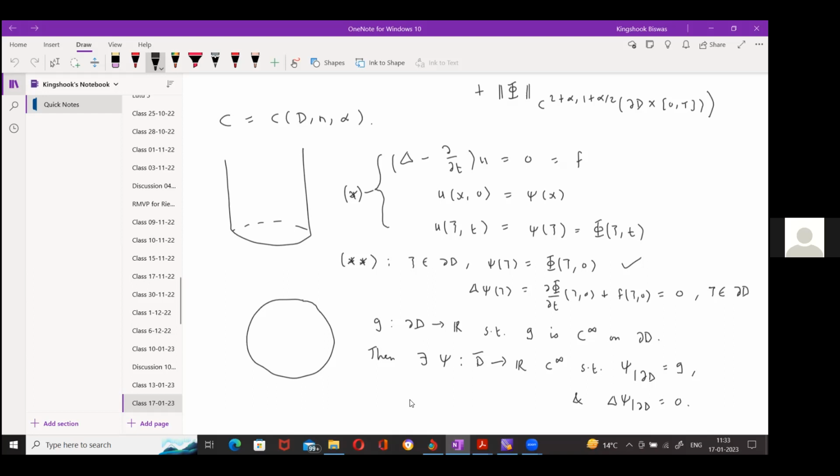So what you do is, you can locally flatten out the boundary.